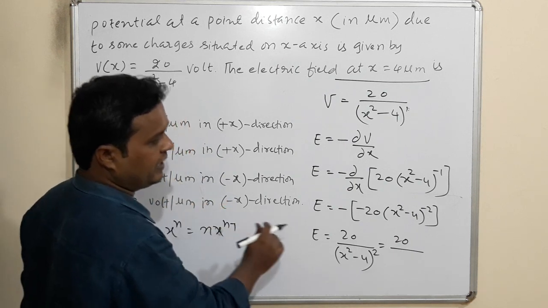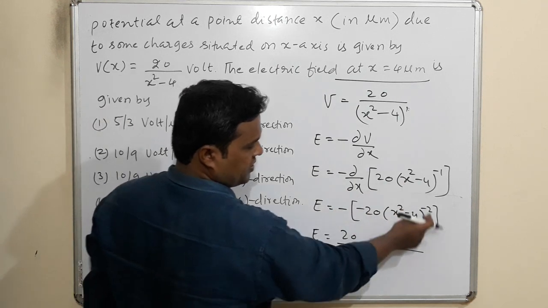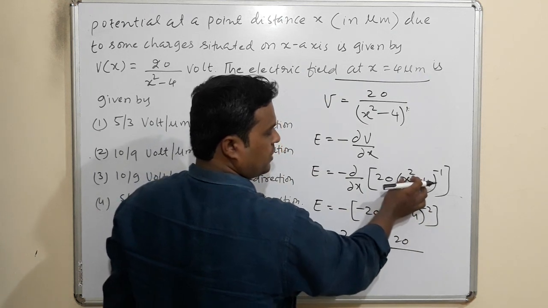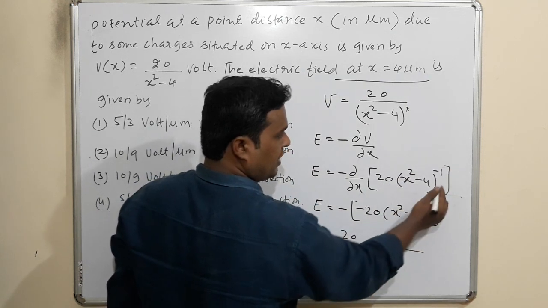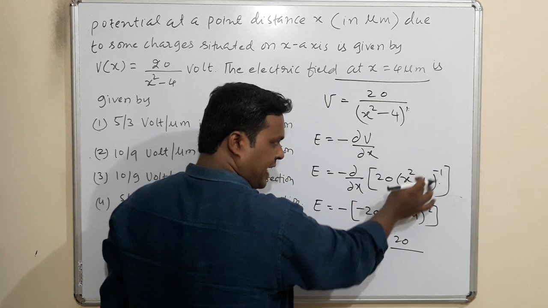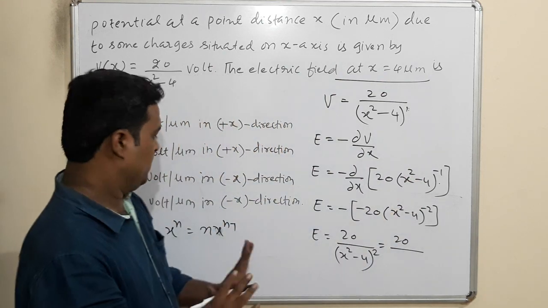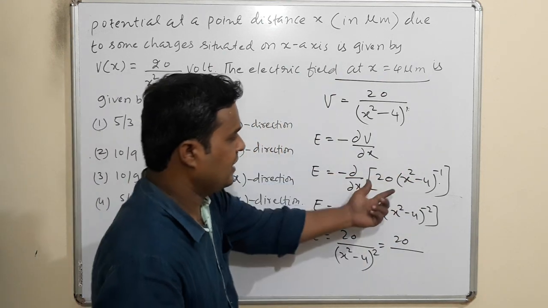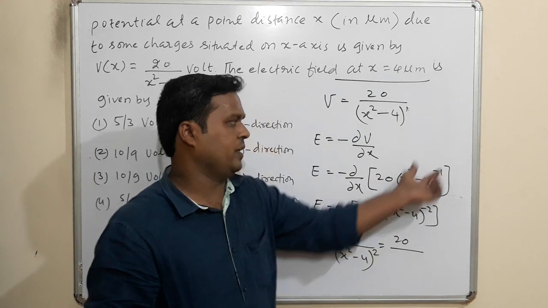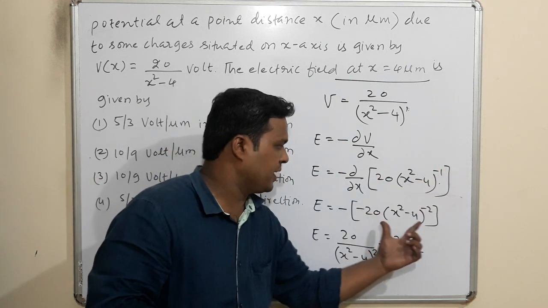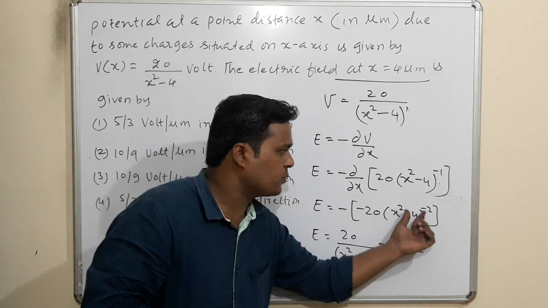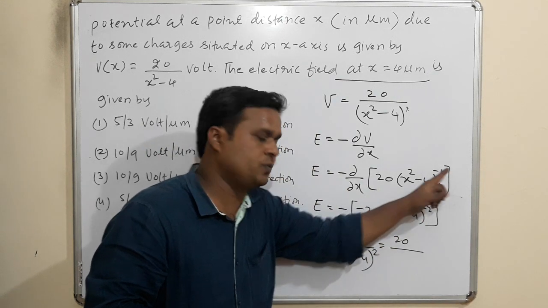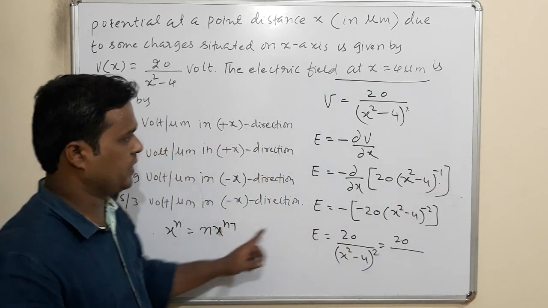One term is missing here. This differentiation of x square minus 4 I had done, and the differentiation of the term inside the bracket is needed. See, this is a chain rule function. First you differentiate x square minus 4 to the power minus 1 using this formula, n minus 1.